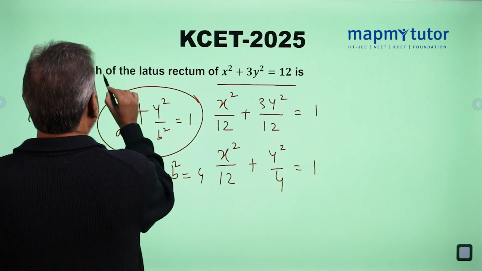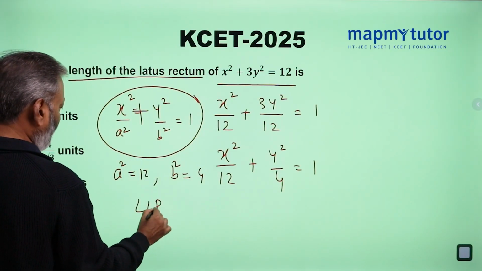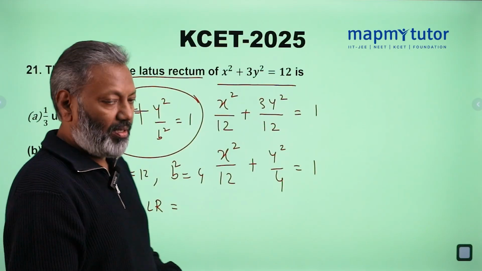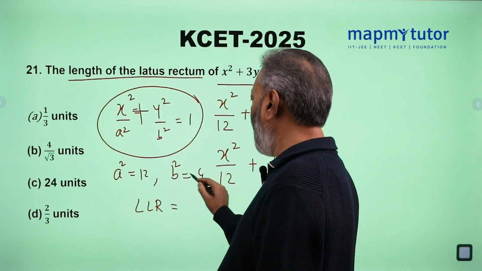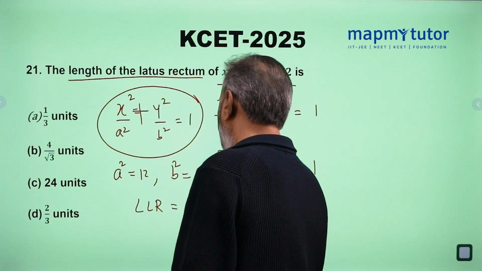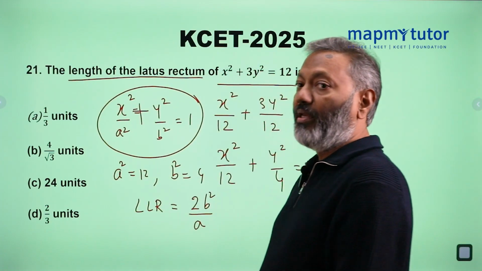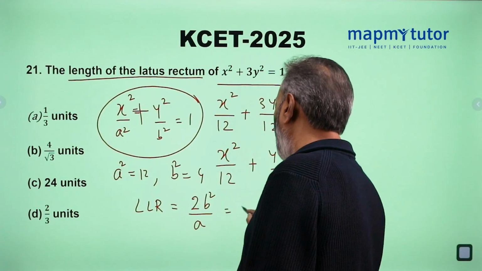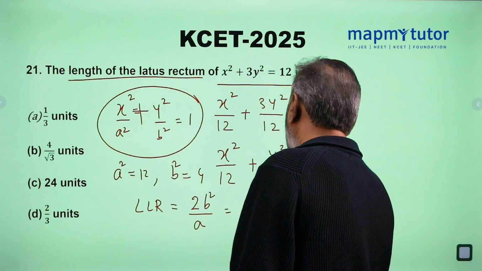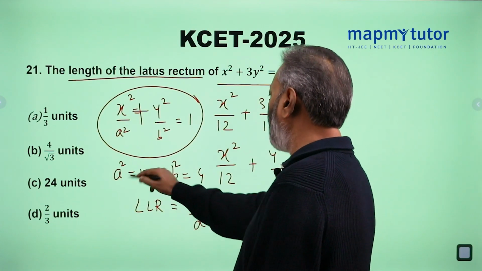But I want the length of the latus rectum. In short, I'll write it as LLR. LLR means length of latus rectum. Formula: since a is greater than b, the formula will be 2b square by a. If a is less than b, then it will be 2a square by b. Right? So 2 into b square is 4 and a is root 12. Be careful, a square is 12.